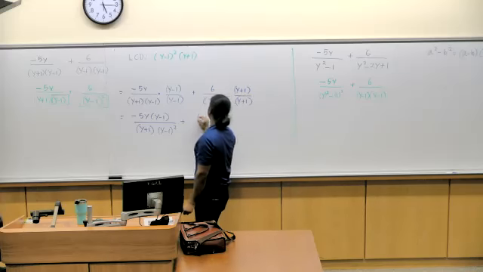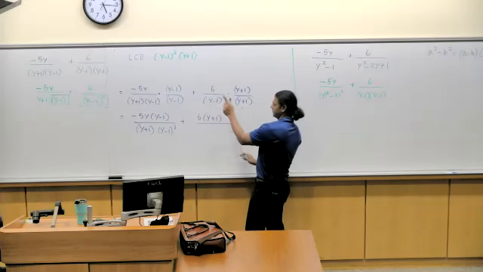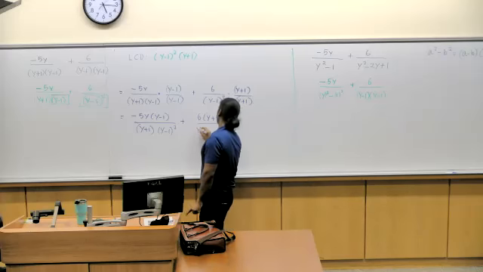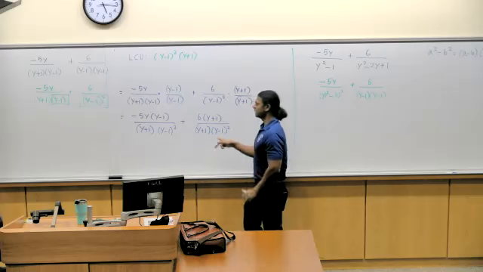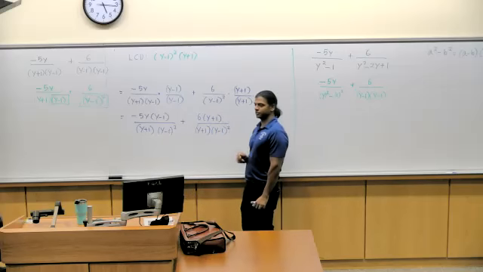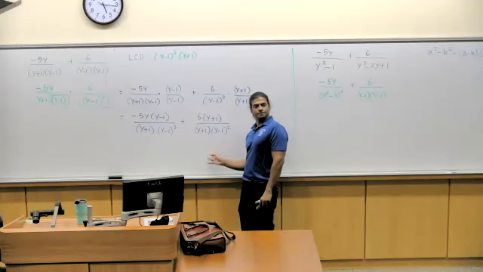Numerator, if you multiply it, have 6 times y plus 1 divided by, simply multiply these two, y plus 1 times y minus 1 squared. Do I have a common denominator? Do they look the same? Yes.